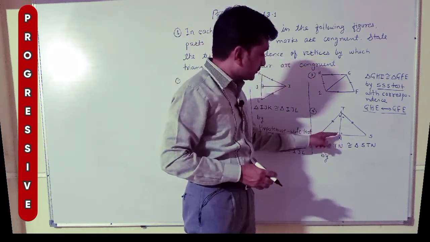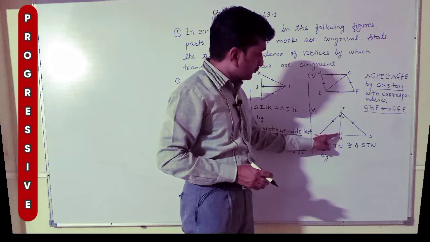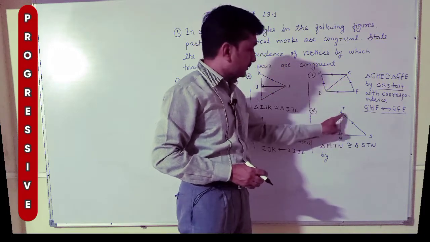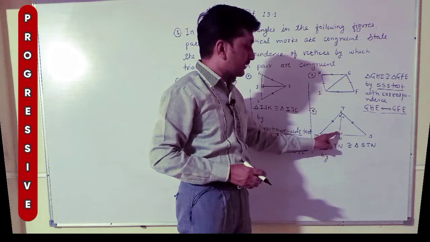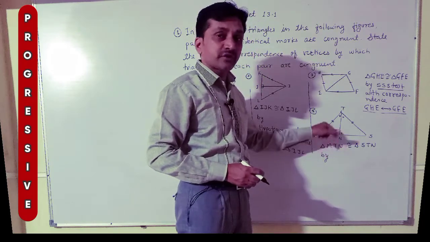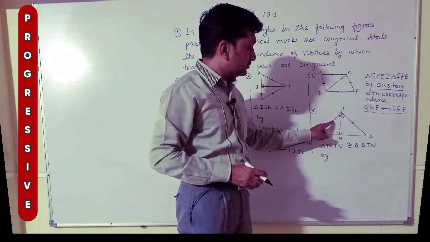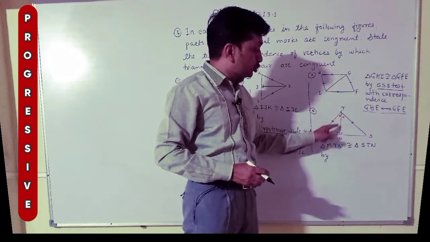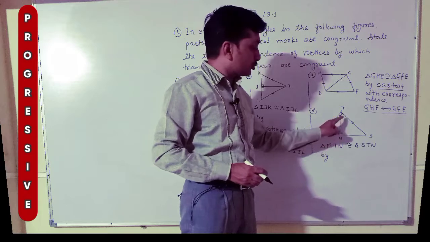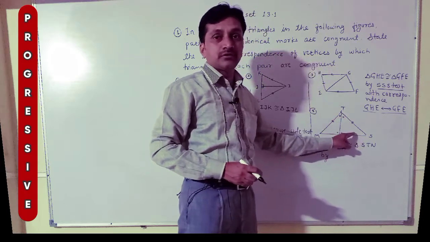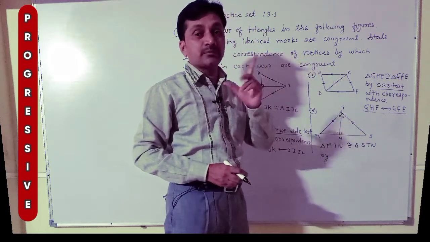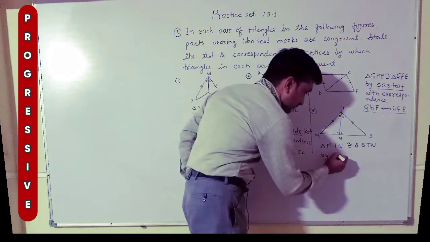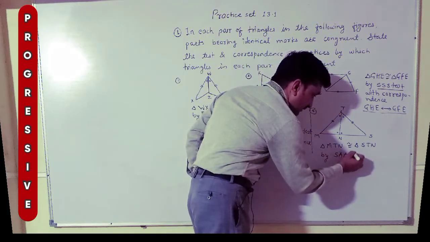Now test you see here, one angle, here one angle, and here side, and this is common side here, but now identical marks are given here, that's why we have to take that test. Then one side of this triangle, one side of this triangle, two angles of this triangle are congruent with two angles of this triangle, means two angles and one side, that becomes SAA or AAS test, by SAA test.